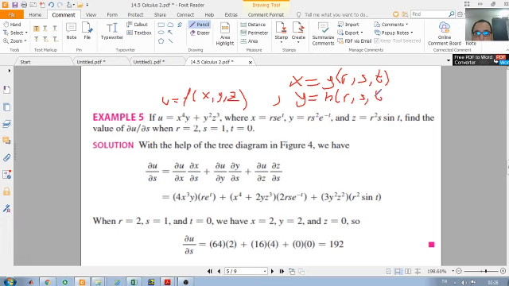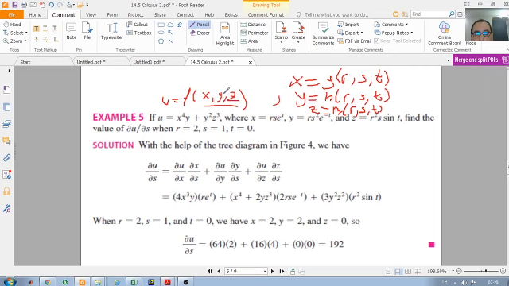Let's say m of r, s, t. So the given function is a function of the variables x, y, and z. We have three independent variables here, but the independent variables of this function are also functions of three variables depending on r, s, and t.